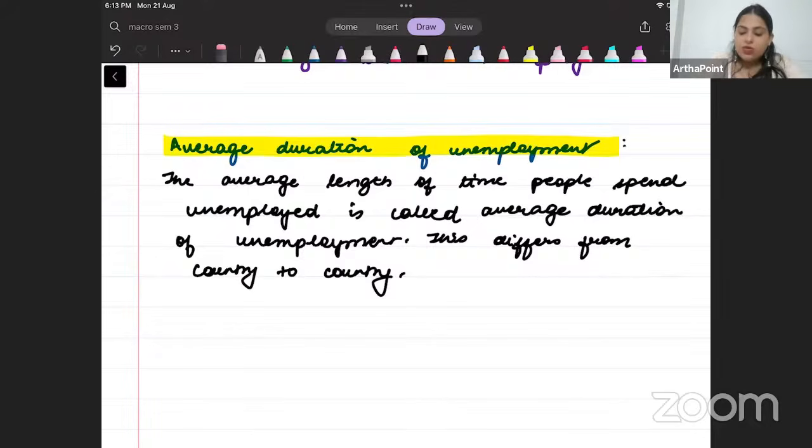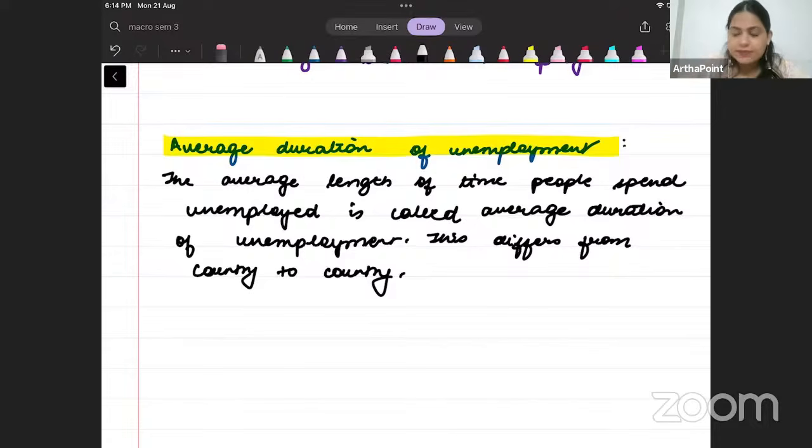Okay, now we want to go ahead and we want to talk about something which is very, very important in this chapter, and that is the peaks and lows. But usually empirical result or empirical data does not come in exam. मतलब ऐसा कोई नहीं पूछेगा कि 1990 में यूएस में कितना अनएम्प्लॉयमेंट रेट था या 1994 में यूएस में कितना अनएम्प्लॉयमेंट रेट था.